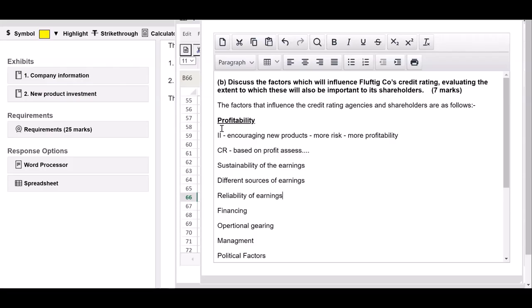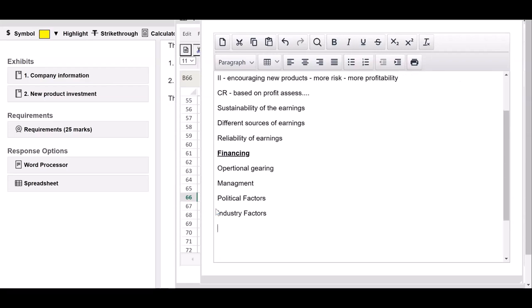Okay, so these are the points that we can mention as far as profitability is concerned.